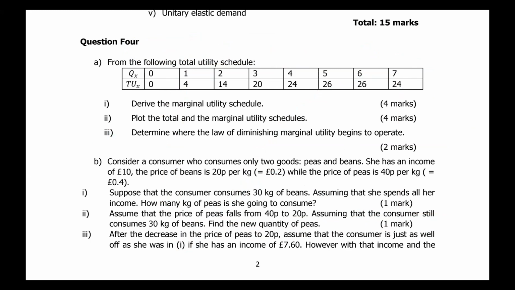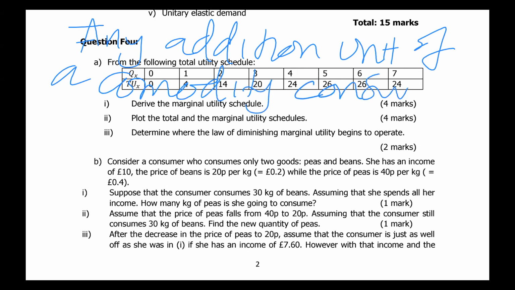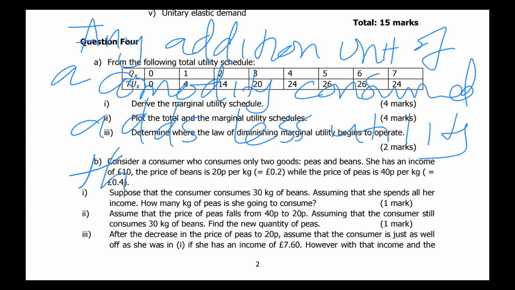It states that any additional unit of a commodity consumed adds less utility than the previous unit added.